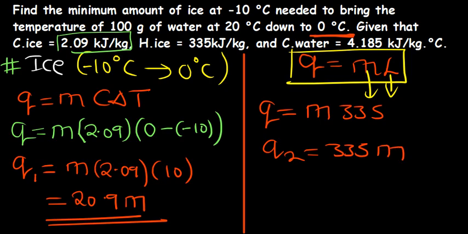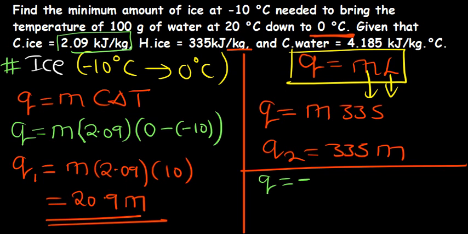So we have to be careful. All these are using kilograms. Only the water was given in terms of grams. Now, the water, on the other hand, is supposed to be cooled down from 20 to 0. So that means it will be losing energy, right? So I'll put a negative in the formula.